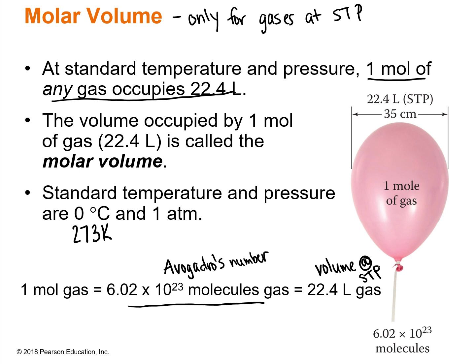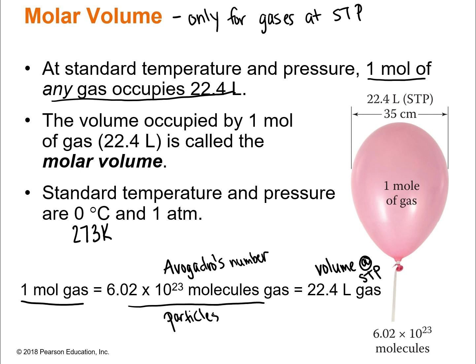So we can talk about a gas in 3 different ways. We can talk about the moles of gas. We can talk about the number of particles of gas, or molecules, using Avogadro's number. 1 mole of gas is the same as 6.02 times 10 to the 23rd molecules of gas.